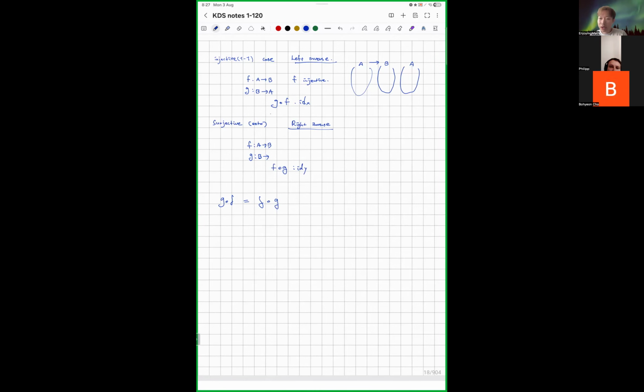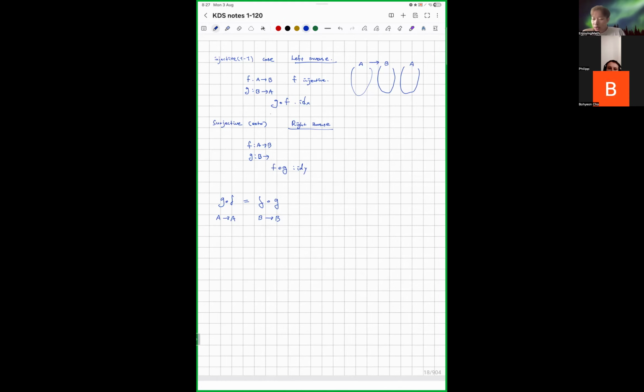So first of all, bijective: g is the inverse of f, or f is the inverse of g, and they can be applied from both sides. That would mean the function is bijective, and because it can be applied from both sides, the operation is commutative.